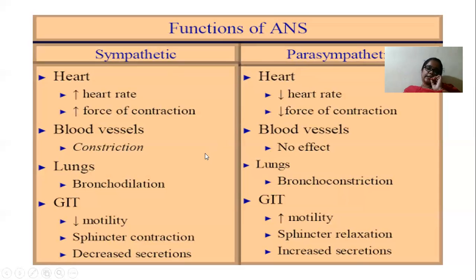In further classes, we will discuss the detailed functions of the sympathetic and parasympathetic systems. In the next class, I will discuss what a neurotransmitter is, where it is synthesized, where it is stored, what the reuptake process is, the functional and chemical classification, examples of neurotransmitters and their specific functions and locations.